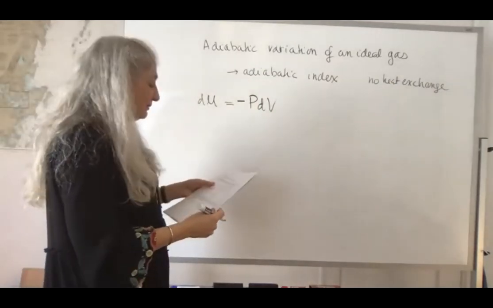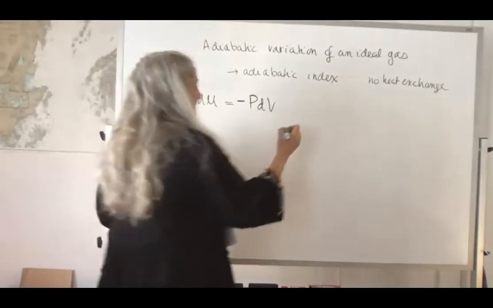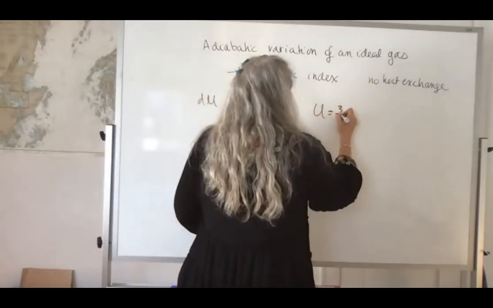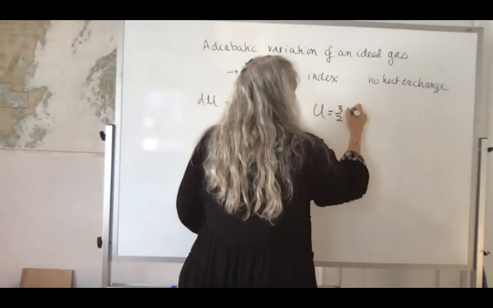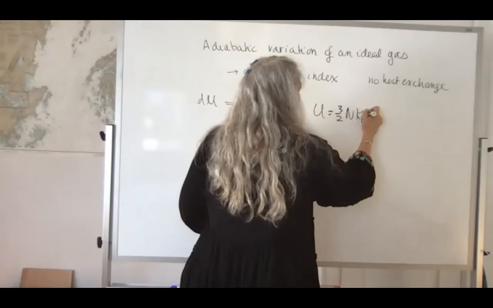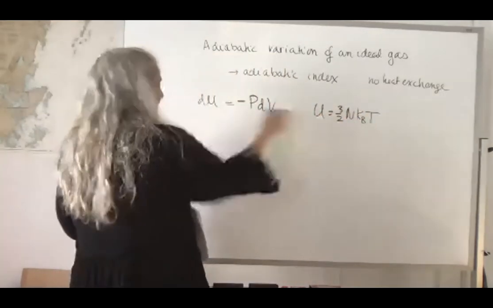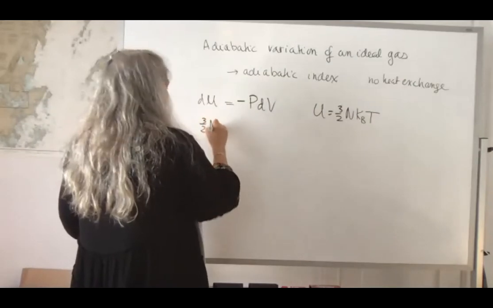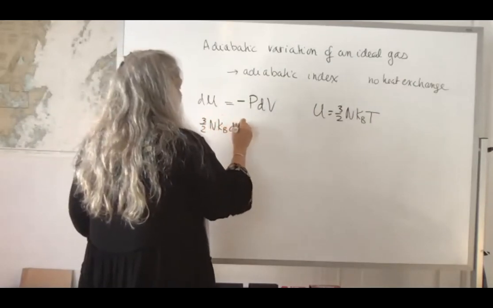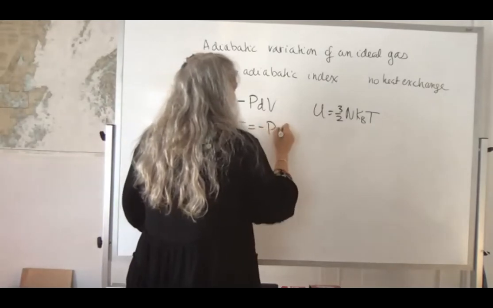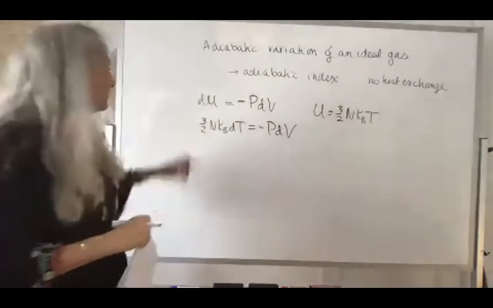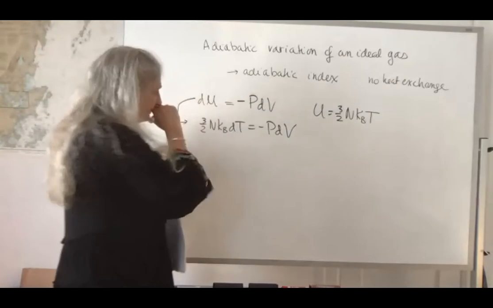So if we have an ideal monatomic gas, then U is equal to 3/2 N kB T, and dU is just 3/2 N kB dT, which equals minus PdV.